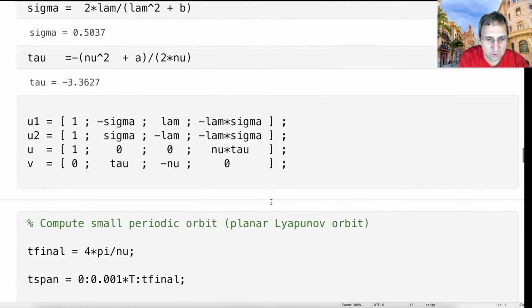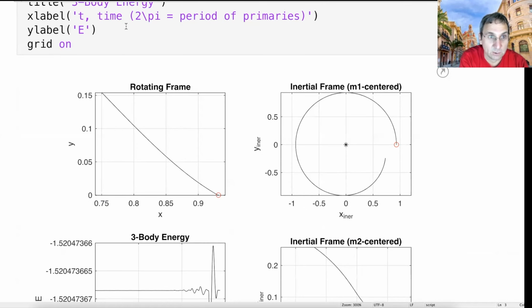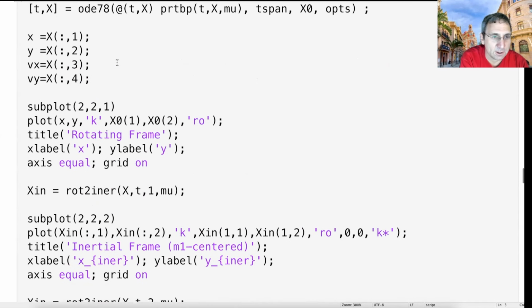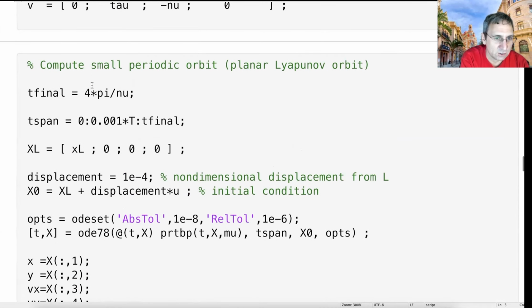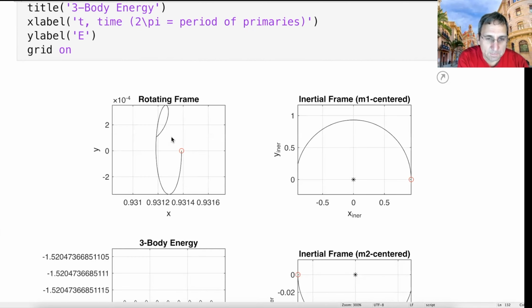What about the periodic orbit stuff? Yeah, I went too long down here. Let me change this to 2. And now you're seeing that this isn't quite coming back to itself. You could use a differential correction algorithm, a shooting algorithm.